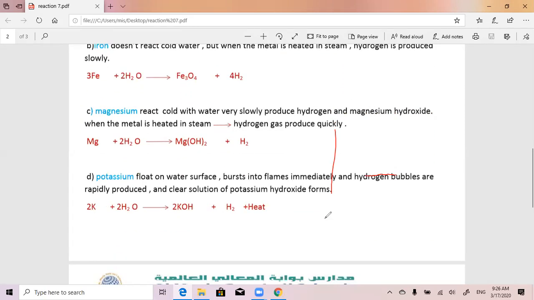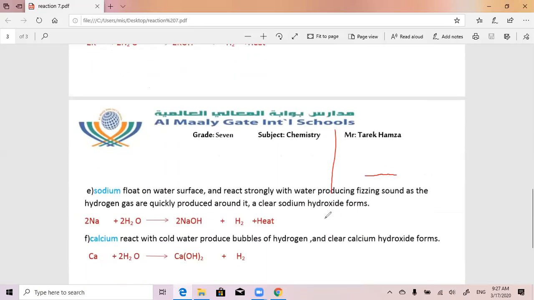Potassium reacts strongly with cold water. Sodium reacts strongly with cold water, producing a whizzing sound due to the production of hydrogen gas. Calcium reacts with cold water, producing bubbles of hydrogen and clear calcium hydroxide.